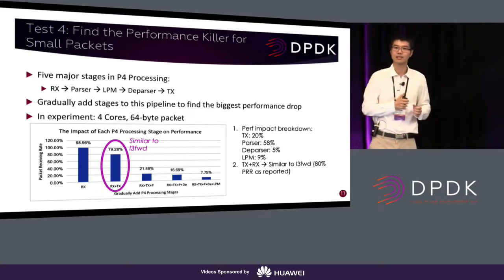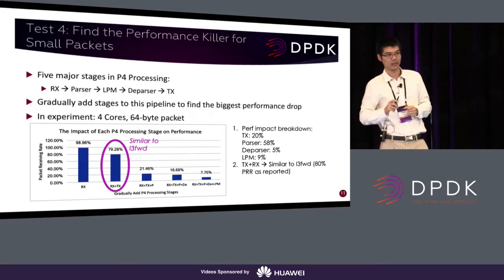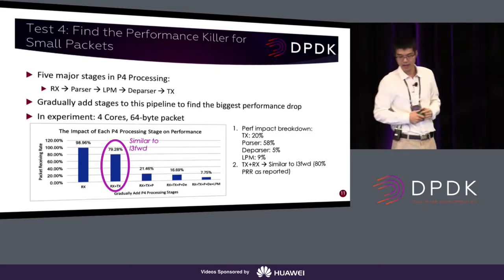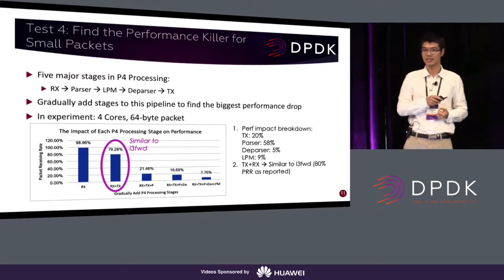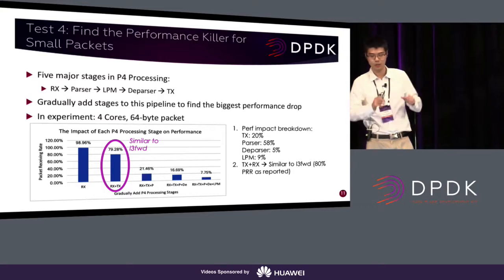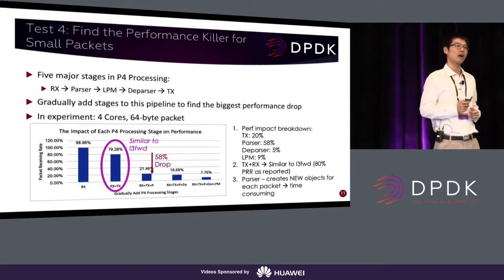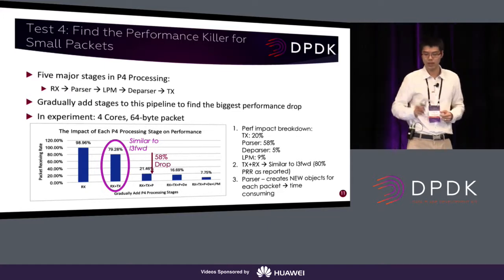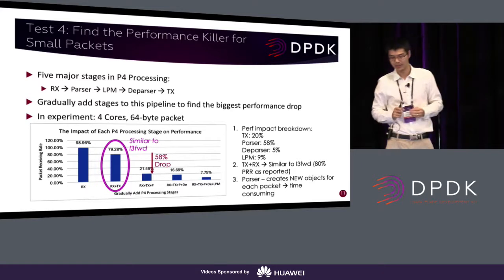And in this case, it is very similar to the DPDK L3 forwarding use case, okay? And also, this performance data, 80%, is consistent with the reported NIC card performance, okay? So we are good here. Now, the biggest drop happened when we applied the parser stage into this pipeline.